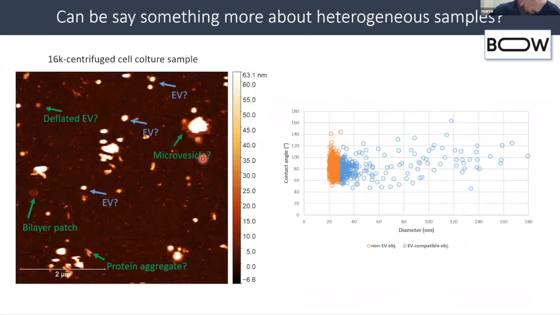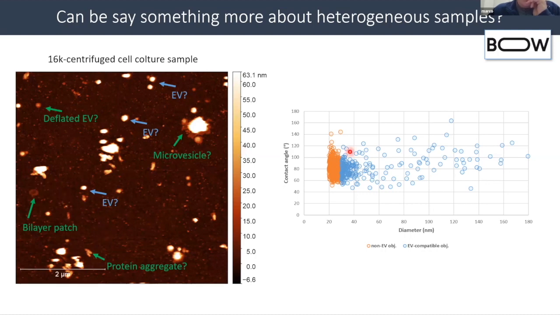For a while, we were happy with this because it allowed us to detect heterogeneity in a sample. For instance, this is just a cell culture centrifuged at low speed, and you always end up with a plethora of different objects. Some of them you can rule out as being EVs just by looking at them.